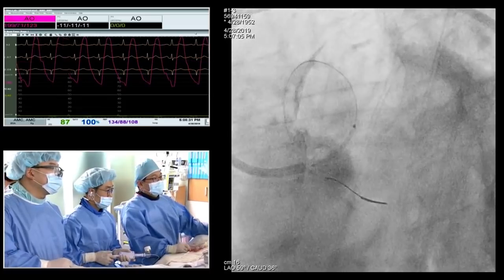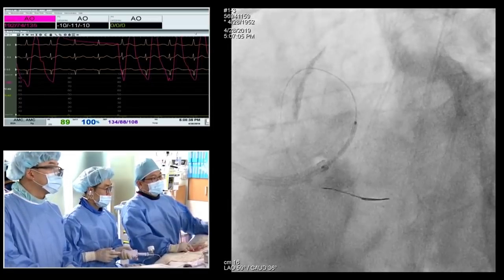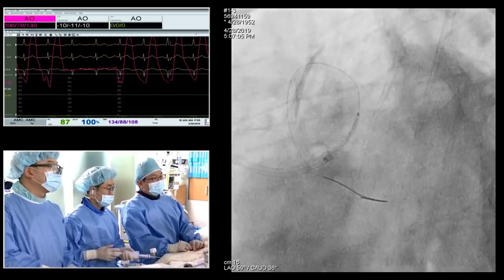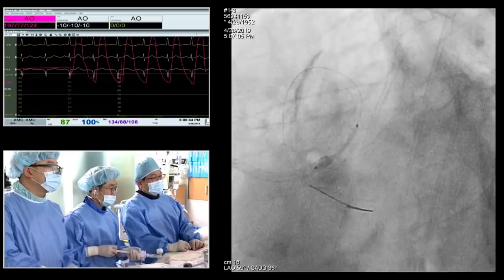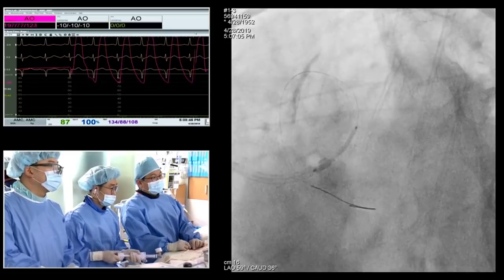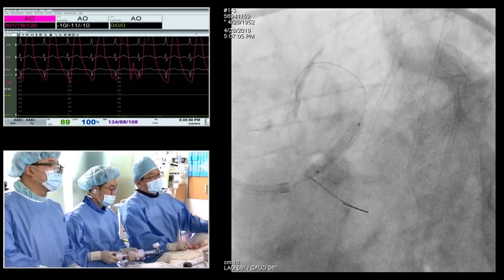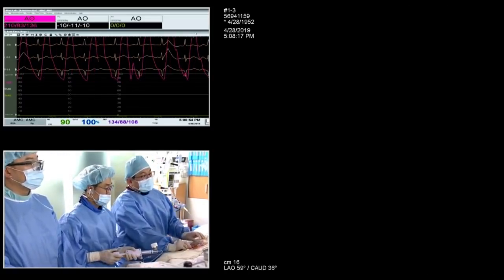Test, please. 10. 10. 12. 12. Great. So deflation.